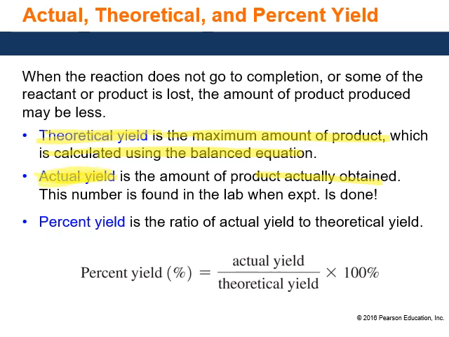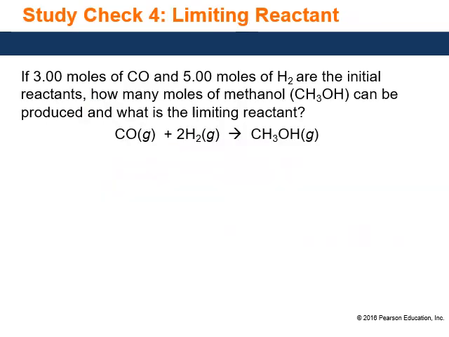You cannot figure that out because you would not know how much product was produced from the experiment. If you're doing calculation, the only number you can figure out is theoretical yield. And percent yield is the ratio of actual yield and theoretical yield, which is calculated using this formula. Okay, so now let's try some questions based on this concept.